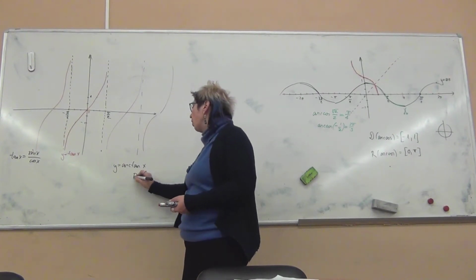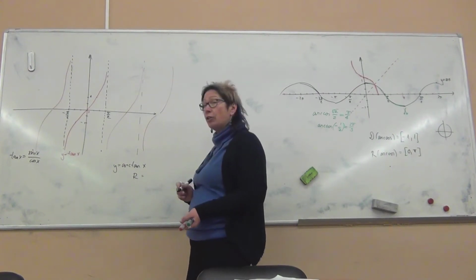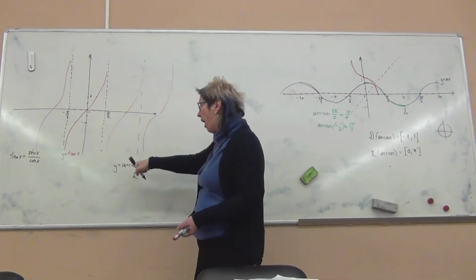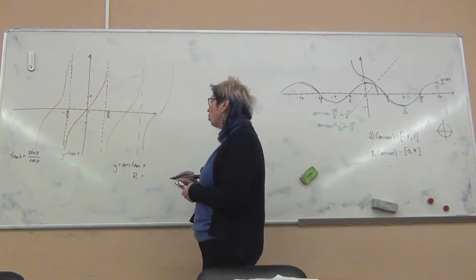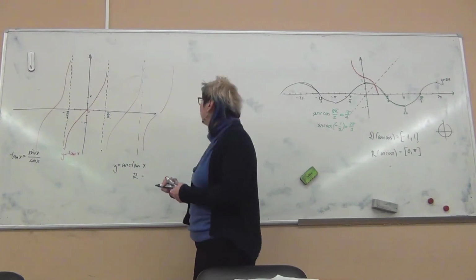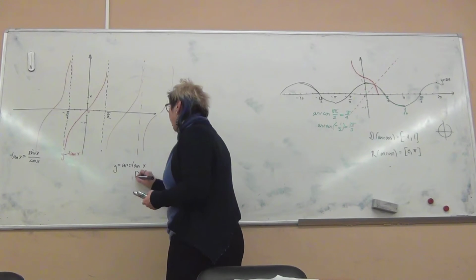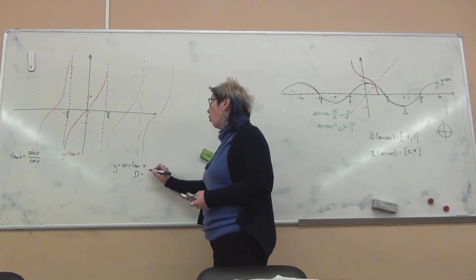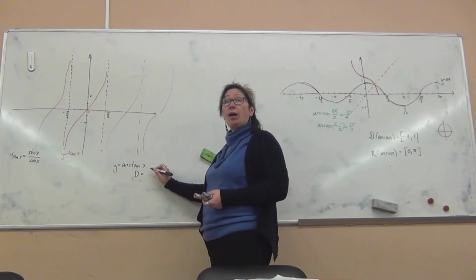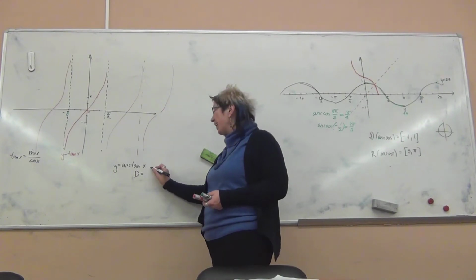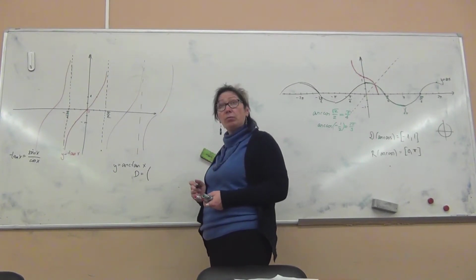it would have the range, the arc tangent, not the tangent, arc tangent. The arc tangent function would have, well, I should start with the domain, sorry, I started with the range. It will have the range from minus pi half to pi half, but in this case it's an open segment.